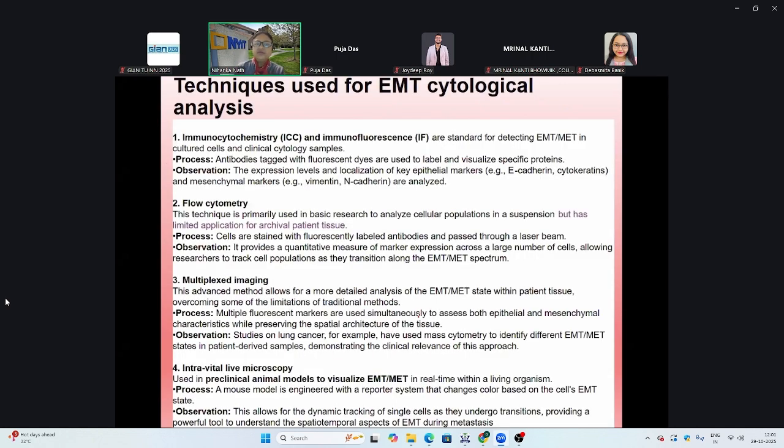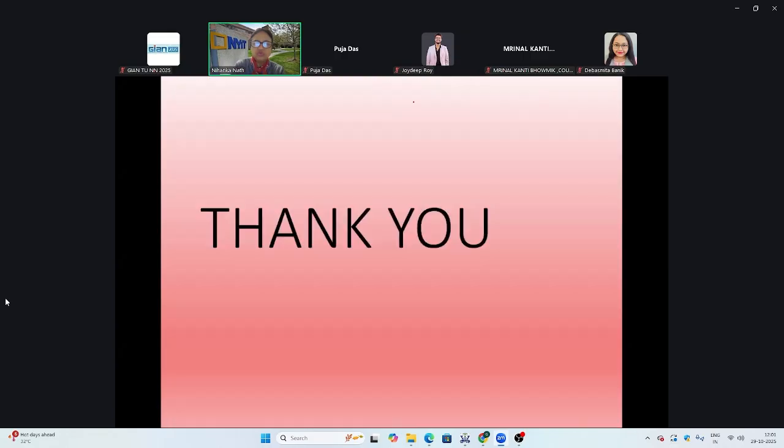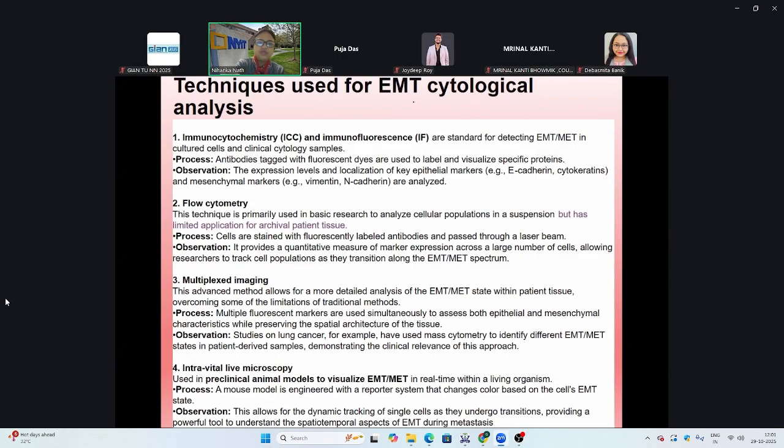So I end this talk with all the techniques that are used for EMT. Why EMT? That's the really important process that governs how smart metastasis will be, if metastasis will take place. These are the techniques, and I'll just walk you through this one page. These are two that are already there, and I just added the names of those proteins for you.